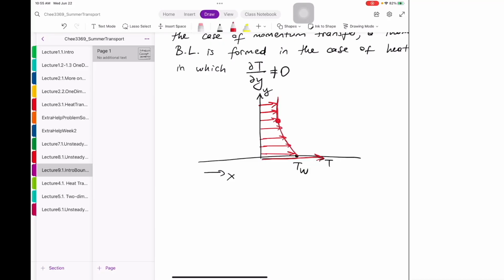Okay, when the fluid first enters, it doesn't feel the surface of the solid very well, so there's going to be a sharp change. Okay, let's make this here. And it doesn't change beyond this point anymore, and so on.